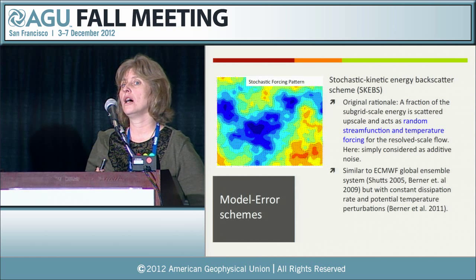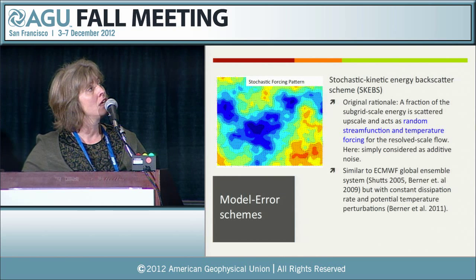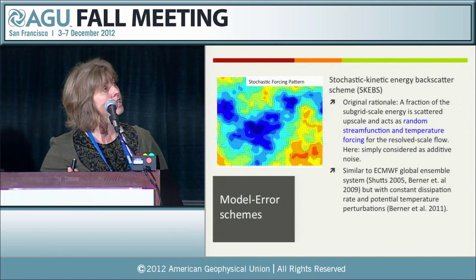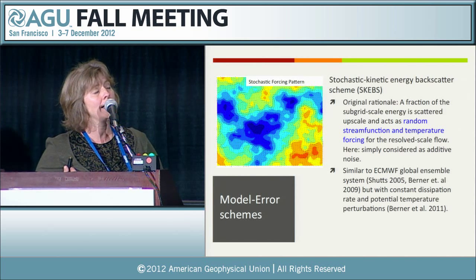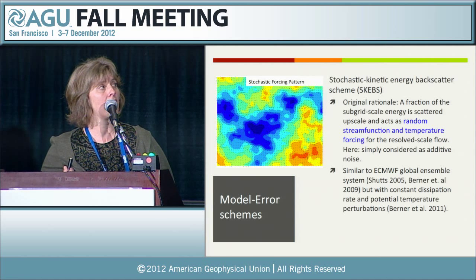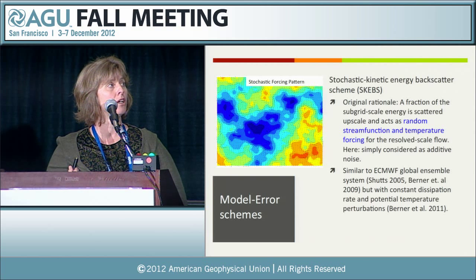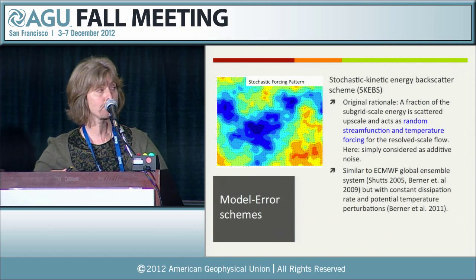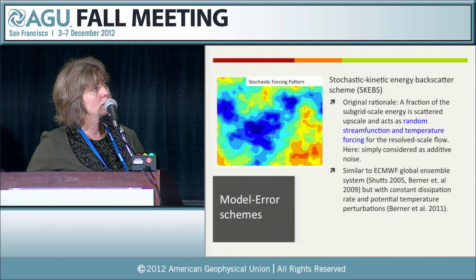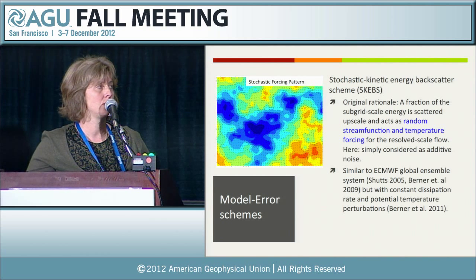So a bit more detail about the two model error schemes I'm introducing here. One is the stochastic kinetic energy backscatter scheme, or SKEBS. It is based on the rationale that a fraction of the subgrid scale energy is scattered upscale and acts as a random stream function and temperature forcing for the resolved scale flow. In this context, we can just consider it an additive noise that has spatial and temporal correlations.